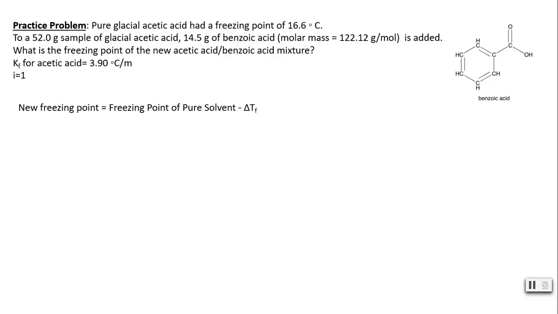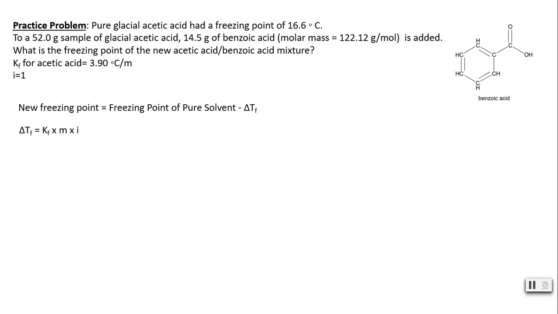So I know my new freezing point is going to be the freezing point of my pure solvent, the 16.6, minus the amount of Celsius, the amount of temperature that the benzoic acid lowers that solvent, delta Tf. Once I calculate that and subtract these two values, then I can get my new freezing point.